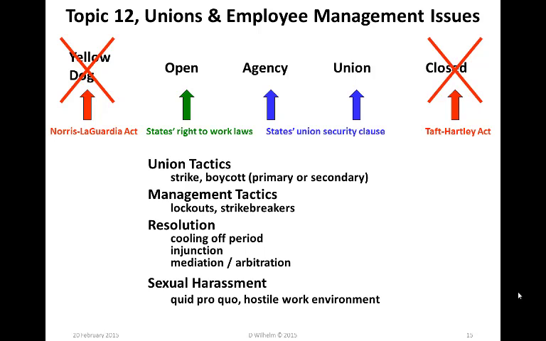Two types of sexual harassment: quid pro quo, sleep with me and I give you a raise and a promotion, or don't sleep with me and I'm going to fire you. That's something for something, quid pro quo.